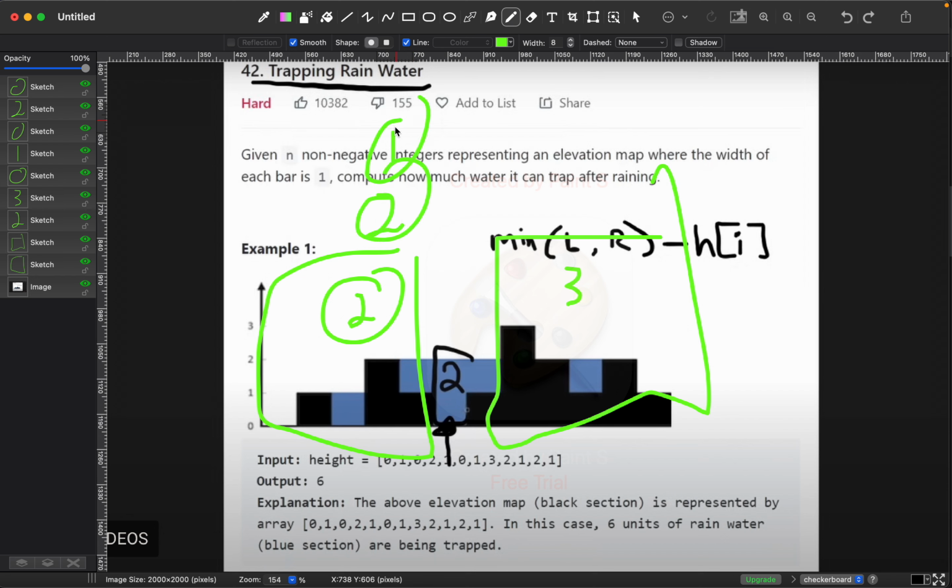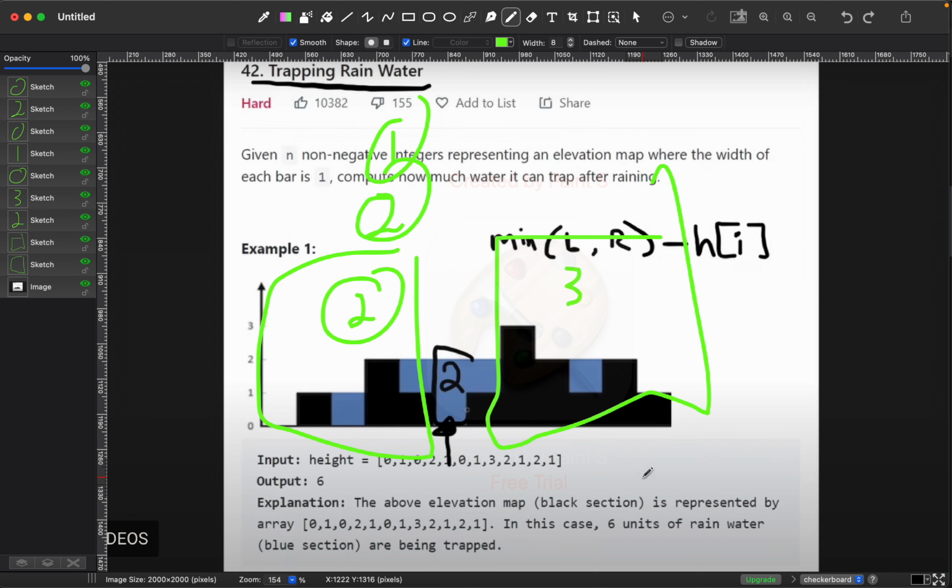Stage 1 is taking the max over the left and the right. If there is something that is huge, no matter where it is, it can be here, here, or here, there will be something acting like a wall.